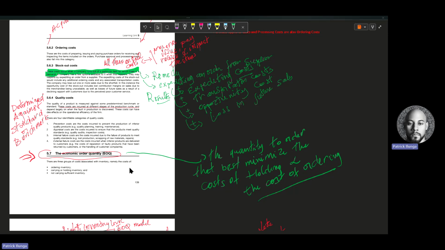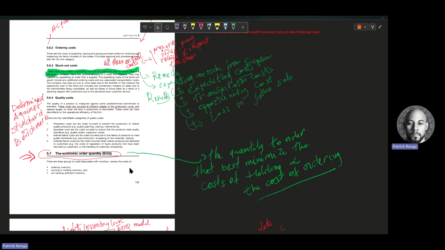You have internal failure costs, which are understandable, and could result in lost production, scrapping of raw materials, and repairs. But there could also be external failure costs, which are incurred when inferior products are delivered to customers.